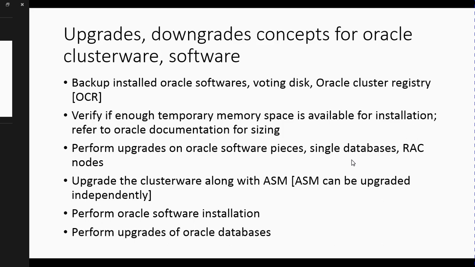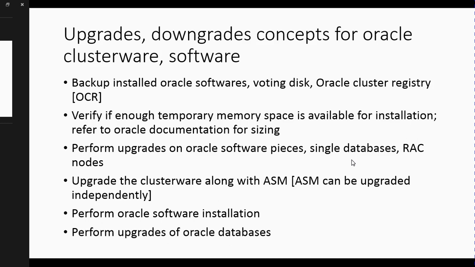Another upgrade that you're performing is on the Clusterware. You'd be upgrading Clusterware and the ASM. Depending on which Clusterware version you have, it's either repackaged or not repackaged. If not repackaged, you have to perform an upgrade on the Clusterware first and then on the ASM.